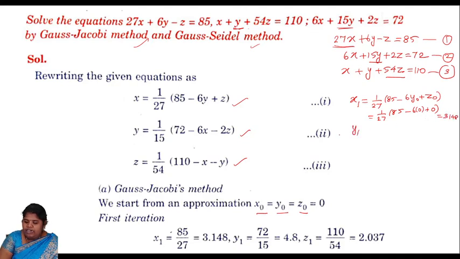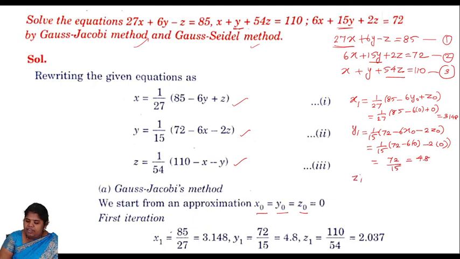And in the second expression, y1 equal to 1 by 15, 72 minus 6 times x0 minus 2 times z0, which is 1 by 15, 72 minus 6 times 0 minus 2 times 0. So 72 by 15 is 4.8.